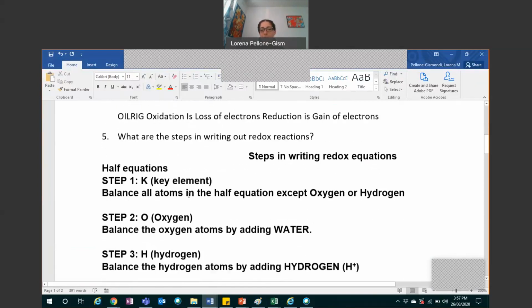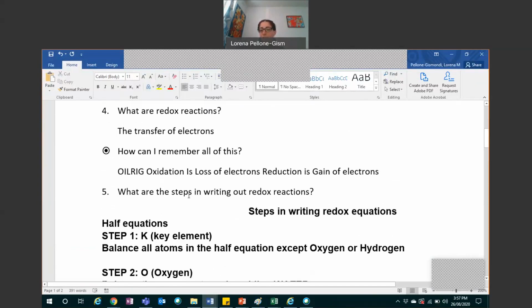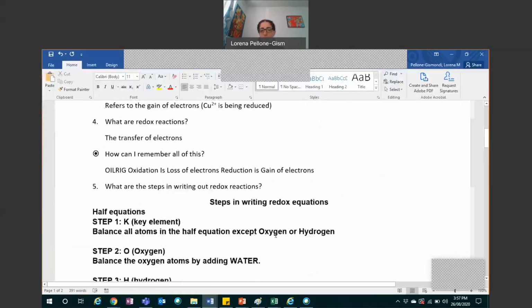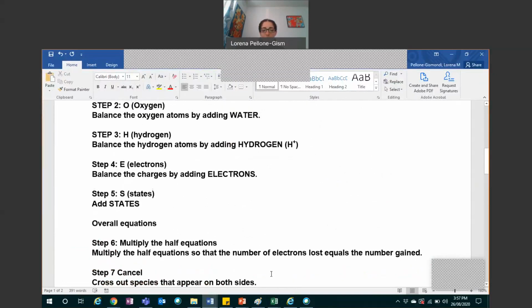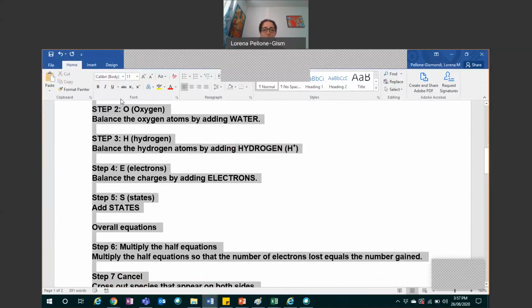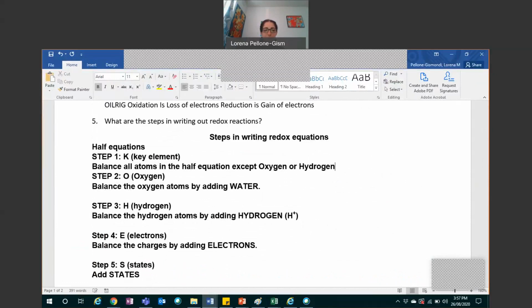So what are the steps in writing out these reactions? I've got the steps here. You can get them down at your own pace. So the steps in writing these equations, hopefully I can fit it all on the page just in case you want to press pause. I will get rid of these spaces here so it fits all on the same page.